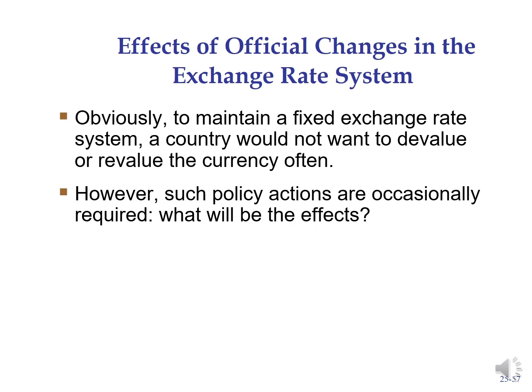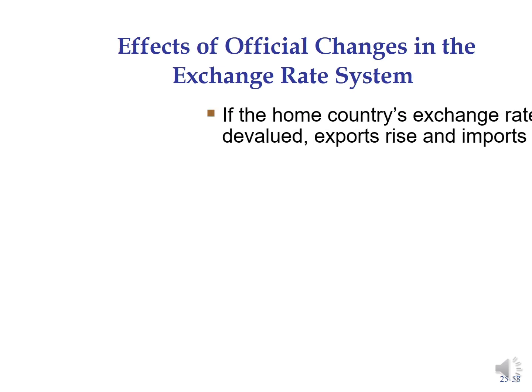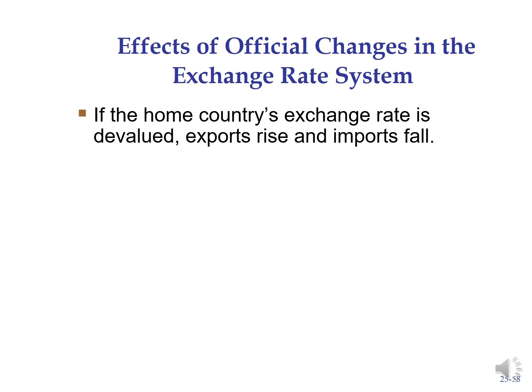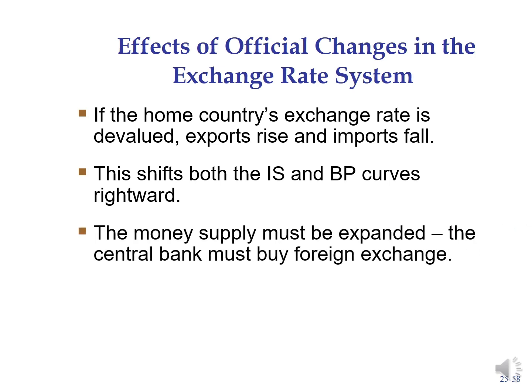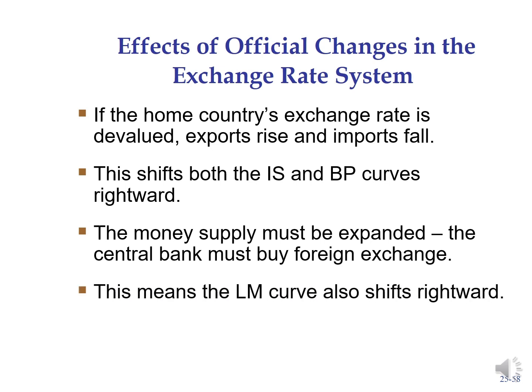What will be the effect? If the home country's exchange rate is devalued, exports rise and imports fall. This shifts both the IS and the BP curves rightward. The money supply must be expanded. The central bank must buy foreign exchange.